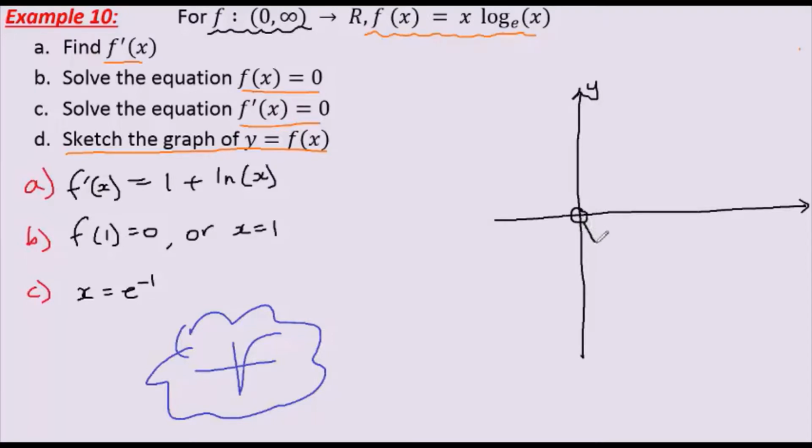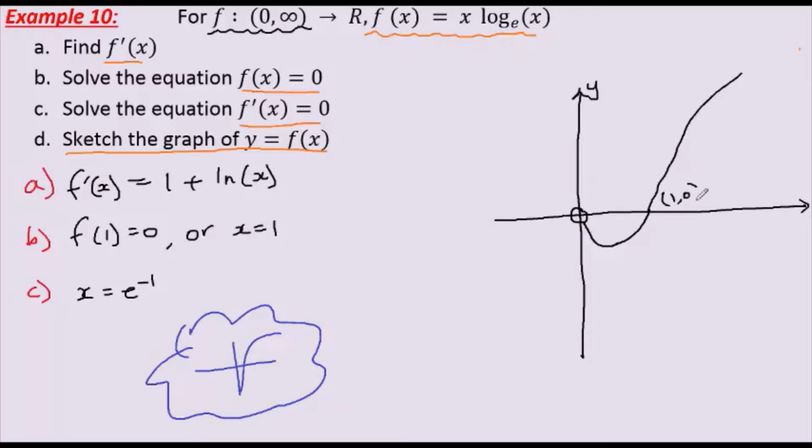Then this is going to go down and turn around until having an intercept at x equals 1. So it'll intercept at x equals 1, and then it will continue to take this sort of a shape. So we'll build it up and it'll probably look something like that.